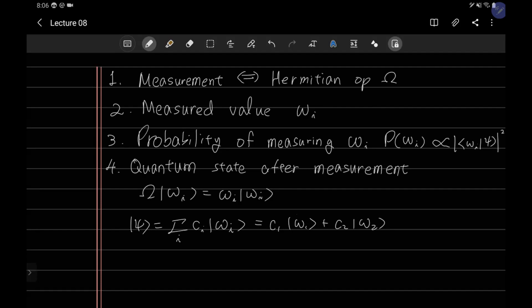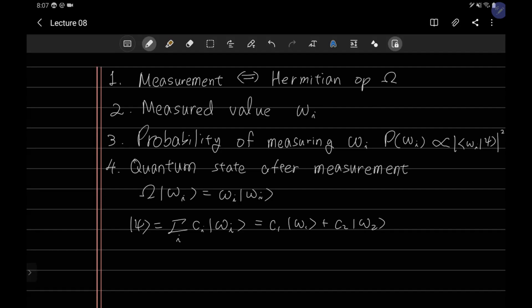What the third postulate says is that if we measure the value corresponding to the Hermitian operator omega, then we will obtain either the omega 1 value or the omega 2 value. And this quantum state is represented as a superposition of these two possibilities.